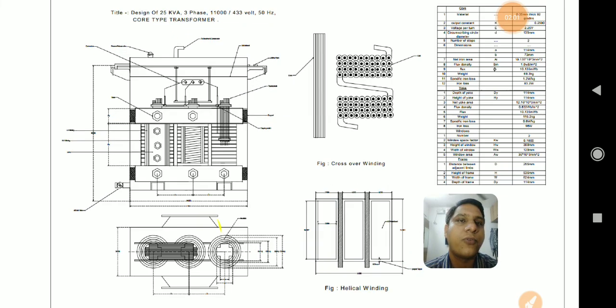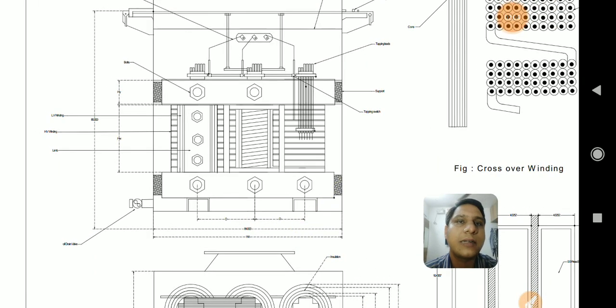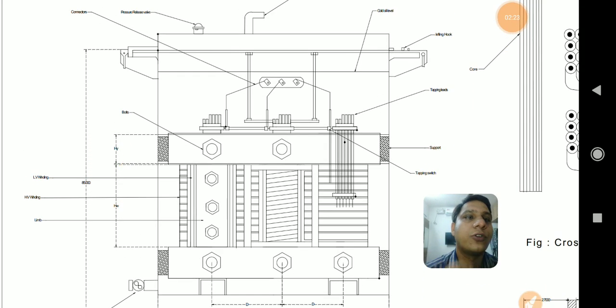So if I focus on the first figure, I will find there are different parts in this figure. First of all, we need to understand this is a cut section of the transformer, so all the parts of the transformer are represented on this figure. I have mentioned different parts of the transformer depending upon the diagram which is developed here.